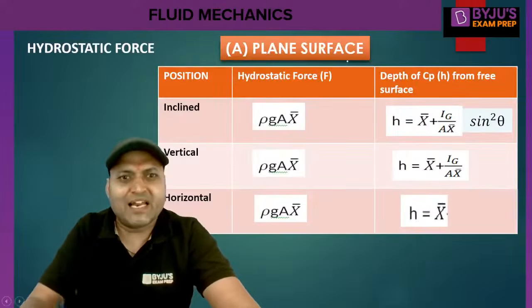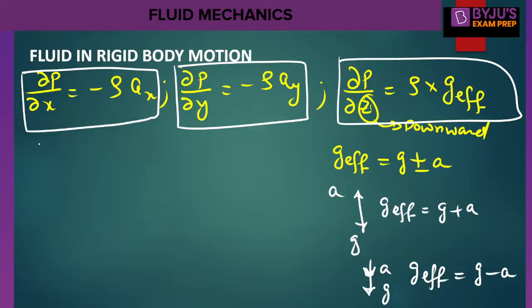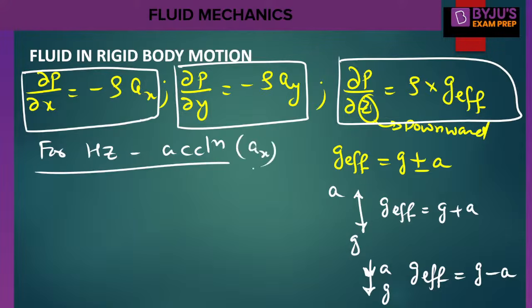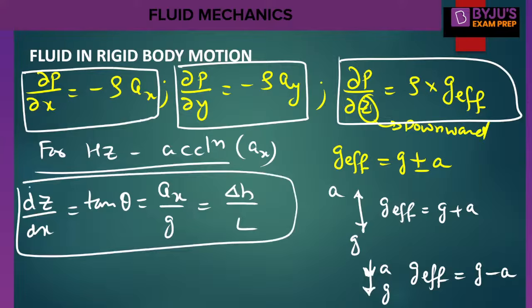For horizontal acceleration, AX, we can write dz by dx is equal to tan theta is equal to AX by G is equal to delta H by L. This is the formula.